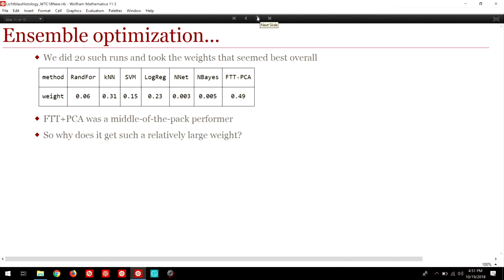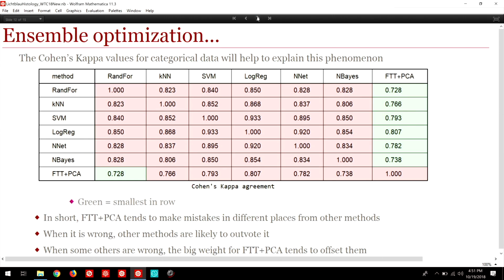Okay, so we did 20 of these splits, and we did some careful looking and some programmatic analysis to determine which gave the best weights. But in fact, the weights that we got tended to be pretty similar across these 20 runs. And so what were the weights?